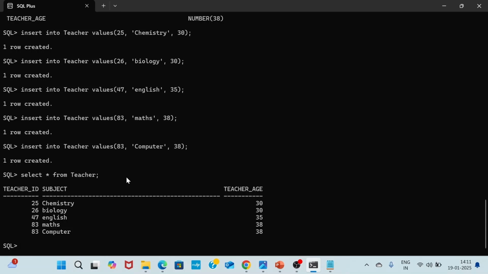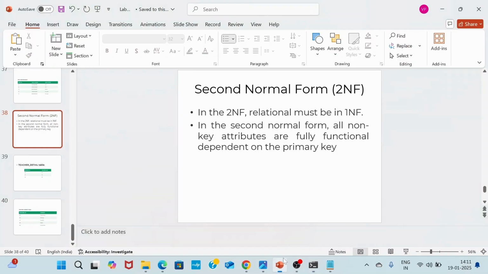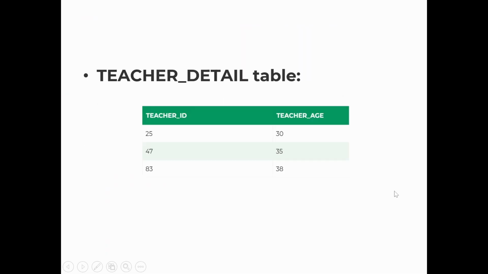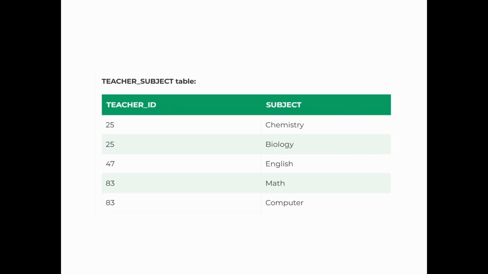This subject and teacher age should depend upon the teacher ID. சப்ஜெக்ட் மட்டும் வச்சு நம்மளால வந்து டீச்சர் ஐடியை வந்து டிஃபைன் பண்ணக்கூடாது. ஸோ புரியுதா? ஆல் தி நான் கீ பிரைமரி அட்ரிபியூட்ஸ். ஸோ அதாவது ஒரு டேபிளில் இருக்கிற எல்லா நான் பிரைமரி கீ அட்ரிபியூட்ஸும் ஒரே ஒரு பிரைமரி கீயை டிபெண்ட் பண்ணி தான் இருக்கணும். தட் இஸ் யோர் செகண்ட் நார்மல் ஃபார்ம். ஓகே. So for this, if this violates, I'm going to divide the table into two: teacher ID and teacher age, and teacher ID and subject.